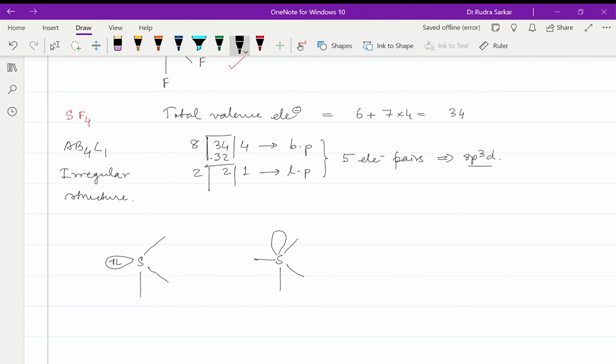That is the question over here. If you place the lone pair in the equatorial plane, this is the type of structure you will get, and if you place the lone pair in the axial plane, this is the type of structure you will get.